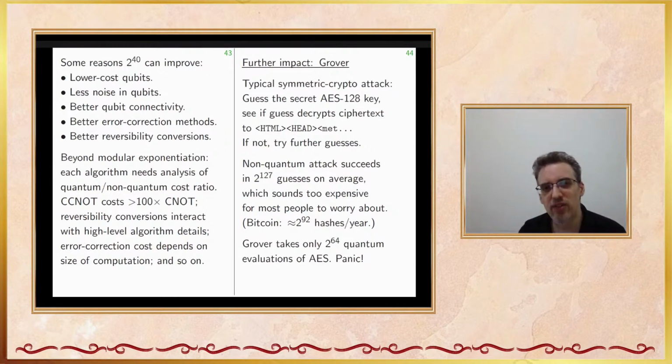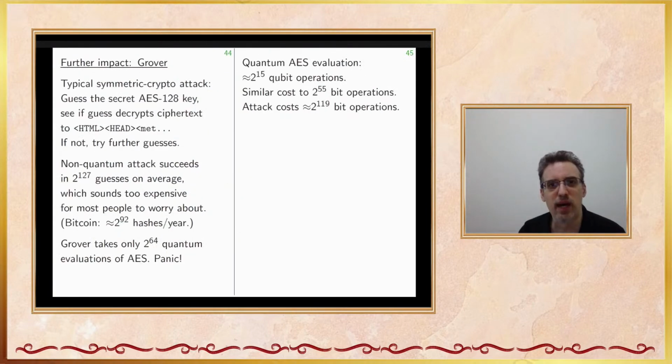Grover is, as I said before, 2 to the 64 quantum evaluations. The thing is that this gets multiplied by the 2 to the 40 that I mentioned before. If you count bit operations, one AES computation is something like 2 to the 15 bit or qubit operations to evaluate. There are lots of question marks about the 2 to the 40, but roughly 2 to the 15 qubit operations is about the same cost as 2 to the 55 bit operations.